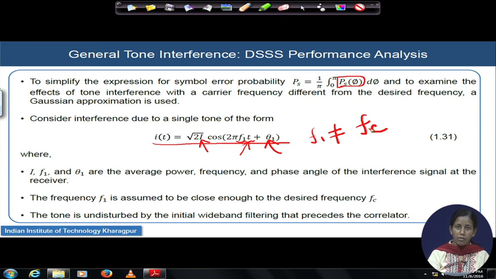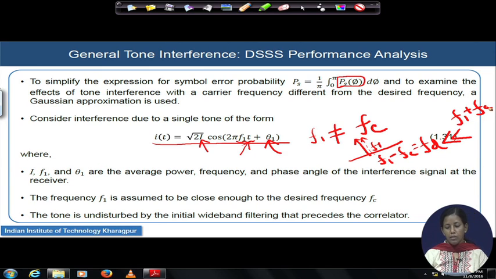Though f1 is not exactly equal to fc, we will think that f1 is very close to fc, in such a way that the difference f1 minus fc, which we will define later as fd, is very much less compared to f1 plus fc.